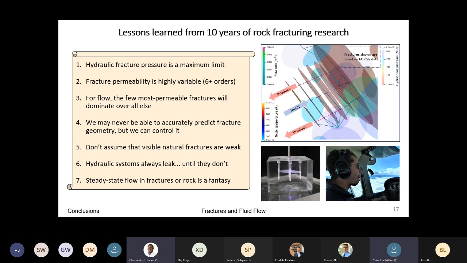Okay, so this is a good segue into the lessons learned. I've been working on this stuff for 10 years, which isn't a super long time compared to the people speaking prior to me. But so far, what I've observed is hydraulic fracturing pressure, like the breakdown pressure. A lot of times people think of that as the pressure that you have to get up to in order to stimulate a fracture.